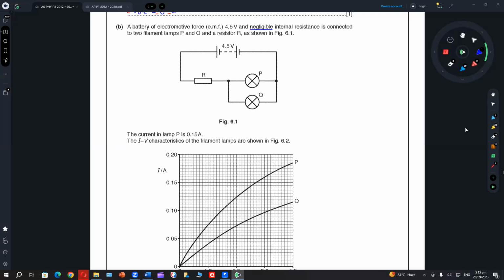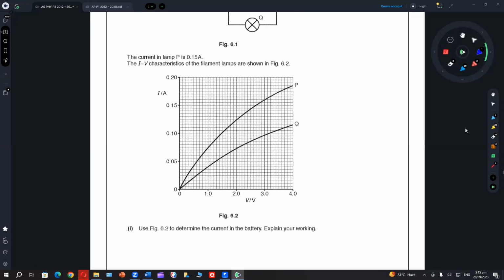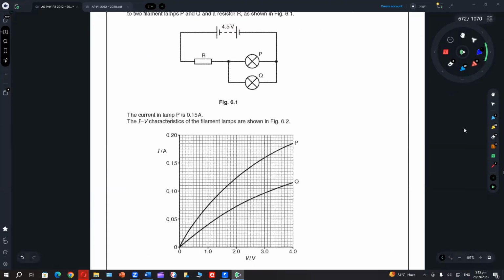The IV characteristics of the filament lamps are shown. So you have to see the circuit, and you can easily see the diagram. There are 2 lamps actually, P and Q.